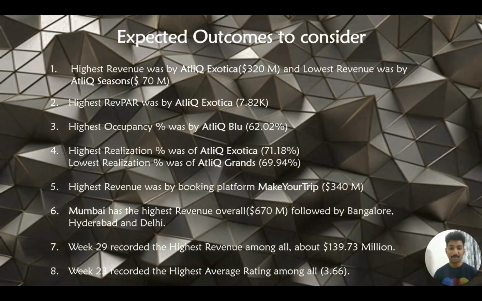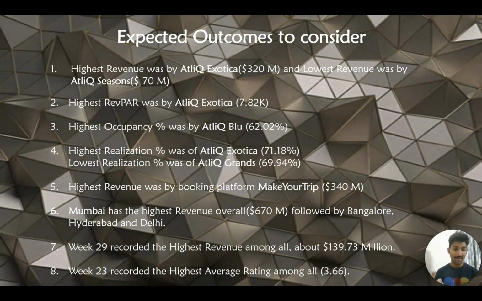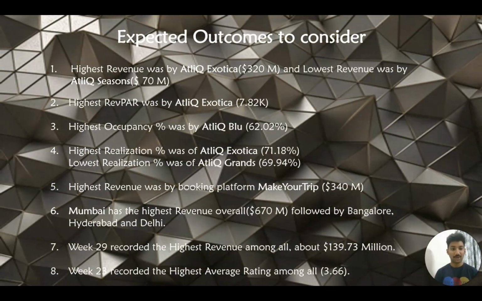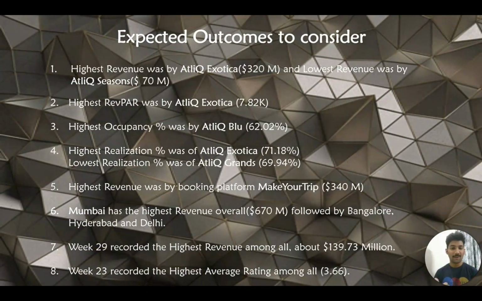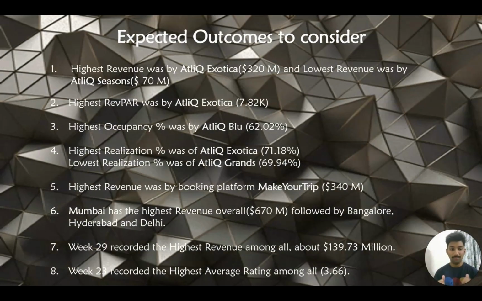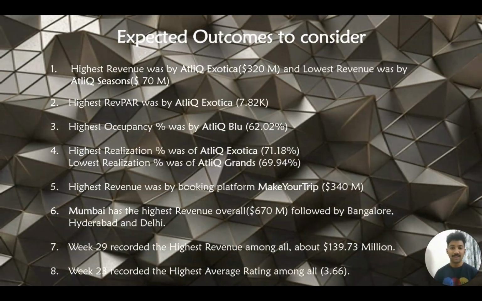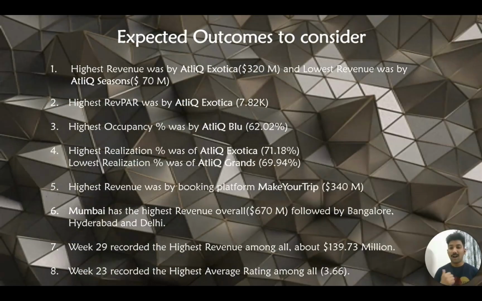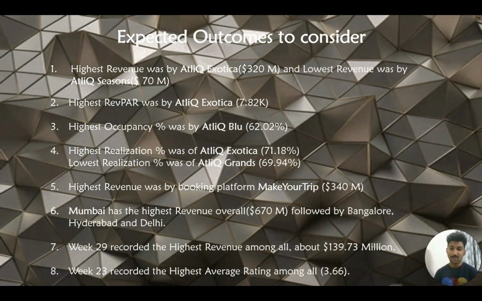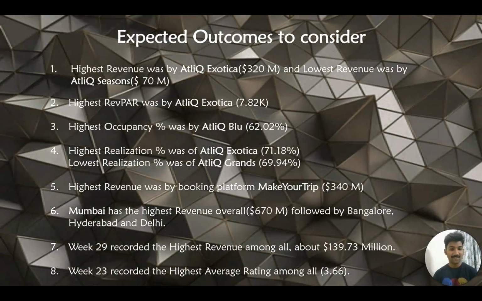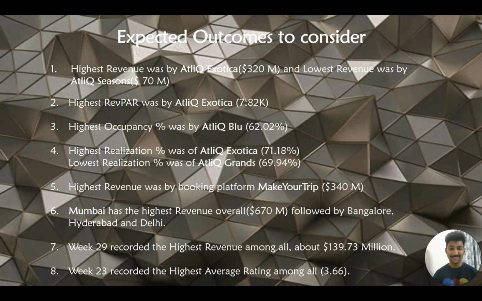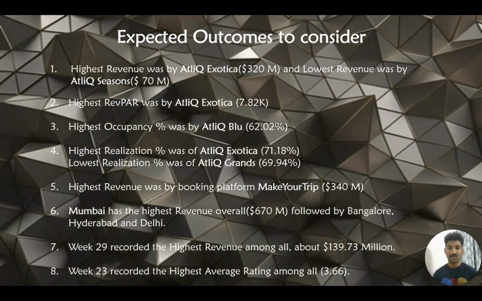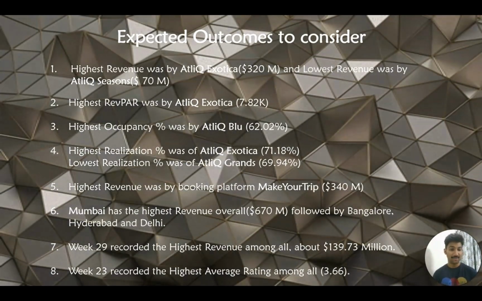Second, the highest RevPAR, or revenue per available room, was by Adelaide Exotica again, at 7.82 thousand per room. Then the highest occupancy percentage was by Atlic Blue at 62.02%. The highest realization percentage was of Atlic Exotica, again 71.18%. And the lowest realization was of Atlic Grants, 69.94%.